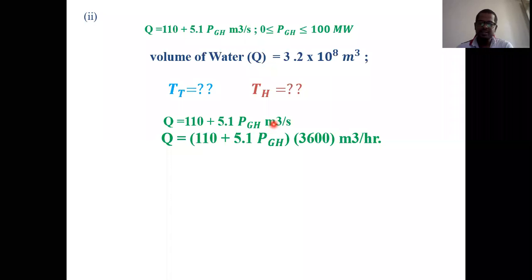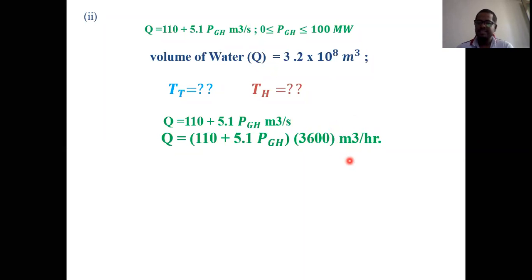You can rewrite this equation as Q equals 110 plus 5.1 PGH into 3600, in meter cube per hour. What I did in this case is I just converted from seconds into hours, so you multiply with 3600. So this is meter cube per hour.